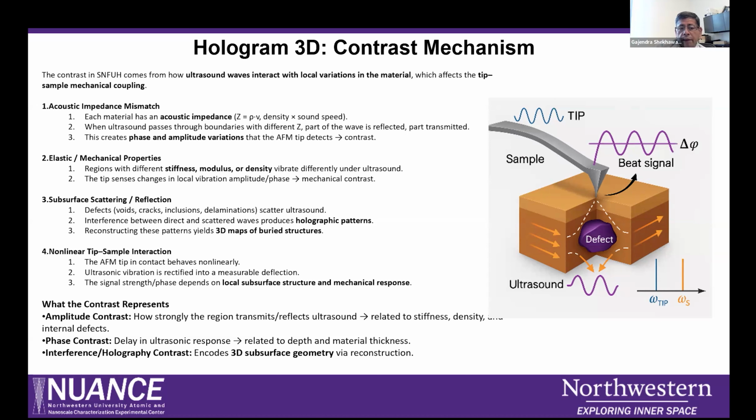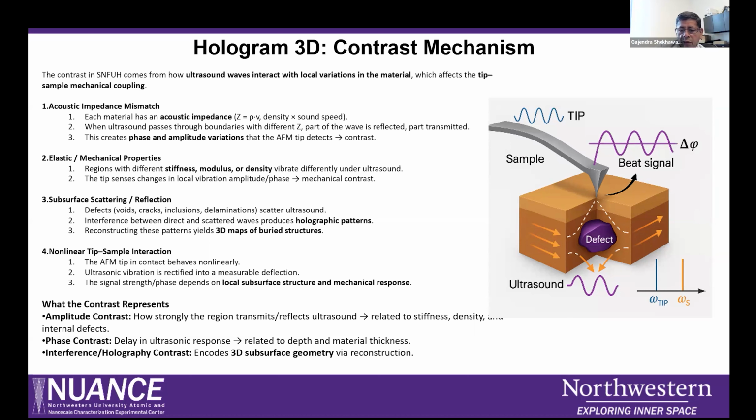Okay. And then there can be regions of different stiffness, modulus, and density variations, and that can alter the propagation of ultrasound. And then the tip is pretty sensitive to those beat frequency oscillations. We try to keep beat frequencies within the detectable range of the cantilever, because you cannot use beats in megahertz, since then the AFM probe may not be able to detect it.